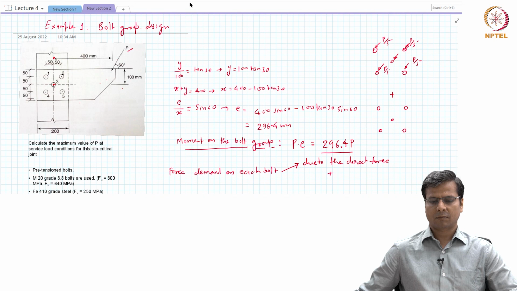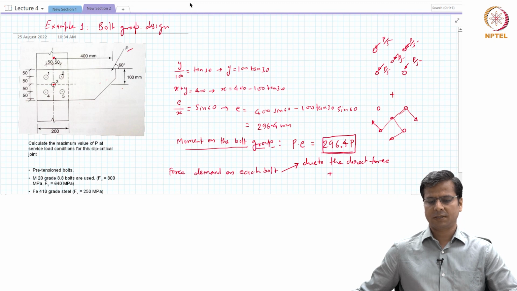Then there is a moment applied on this bolt group, which is equal to 296.4 times P. And because of that moment application, if I may just erase it for a minute, each bolt will be resisting that moment in the direction perpendicular to its distance from the centroid.